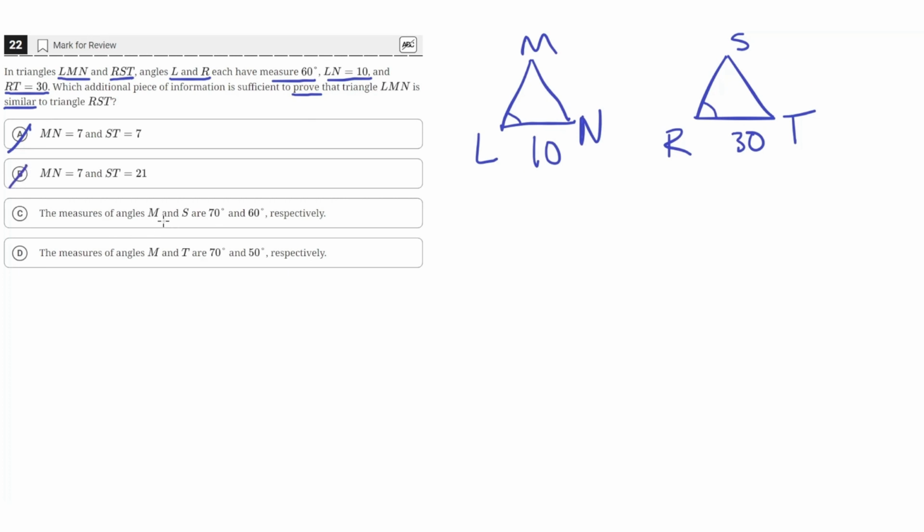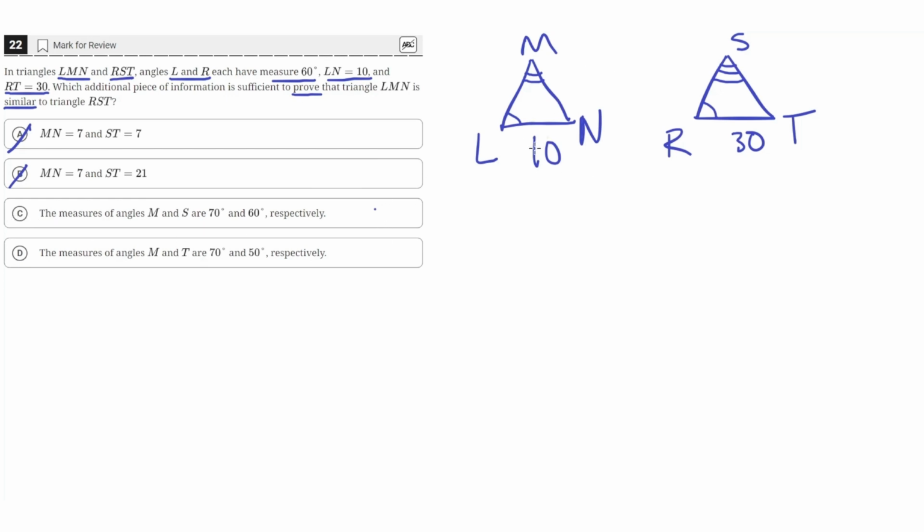C: the measures of angle M and S are 70 and 60 degrees respectively. If M is 70 degrees and S is 60 degrees, these two triangles cannot be similar, since M corresponds to angle S, but since they have different angles, they cannot be similar triangles.